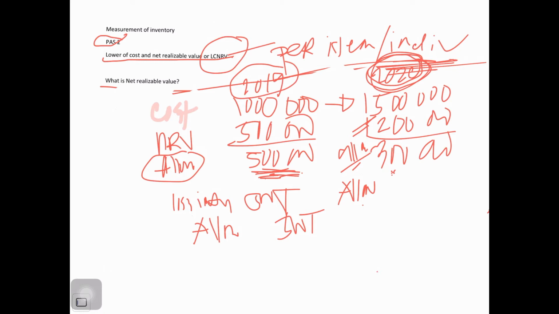So we debit allowance and credit gain, guys, of 200,000.